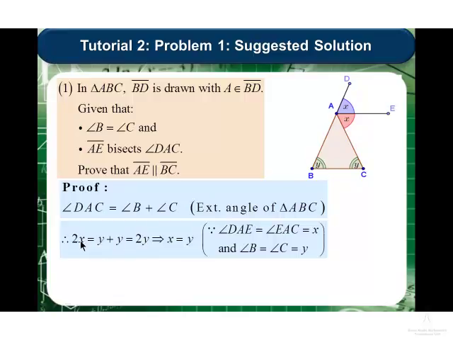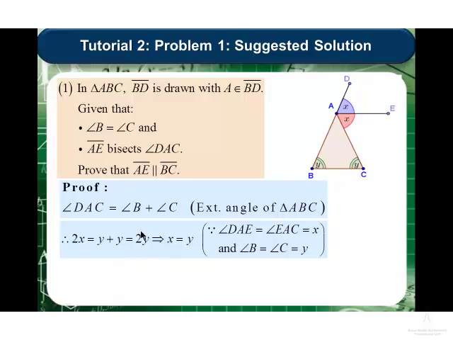But also, since AE bisects the angle DAC, we can see that this particular angle can also be expressed in terms of the unknown angle x. So 2x, which is the same as DAC, is the same as 2y, the sum of the opposite interior angles as indicated.